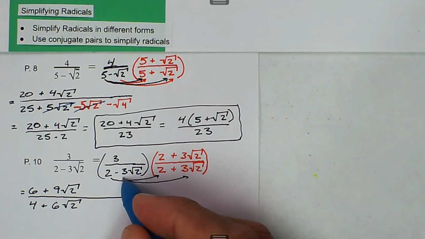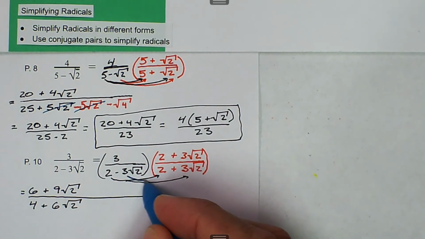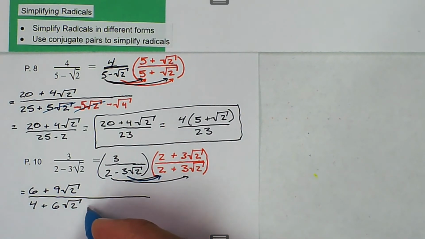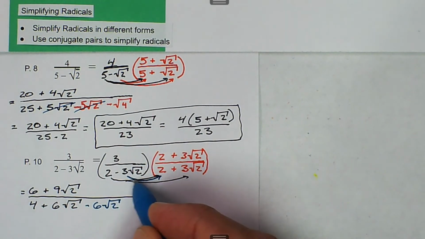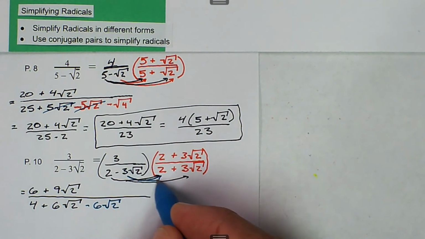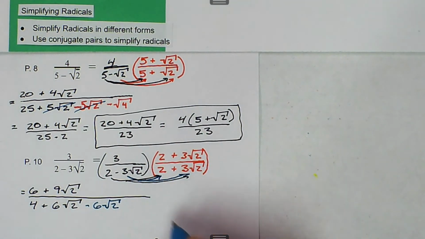Then we can take negative 3 square root of 2 and multiply it by 2. So we get negative 6 square root of 2. And then negative 3 square root of 2 times the square root of 2, we multiply that together, and we get negative 9 times the square root of 4.